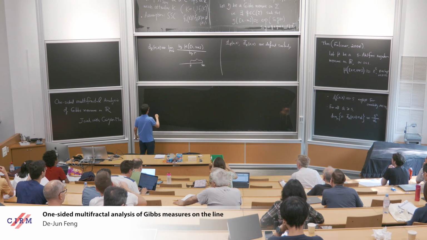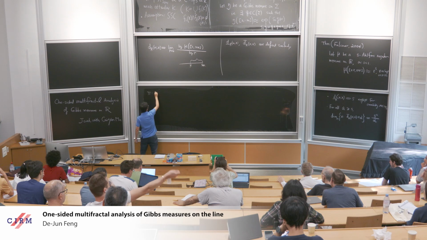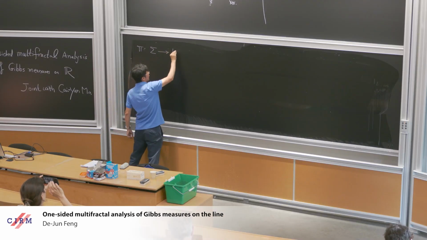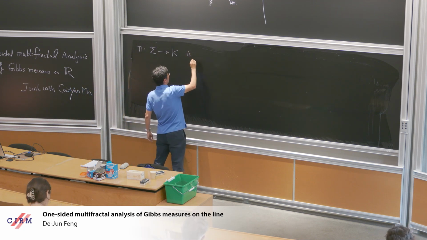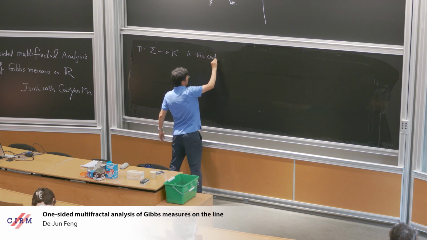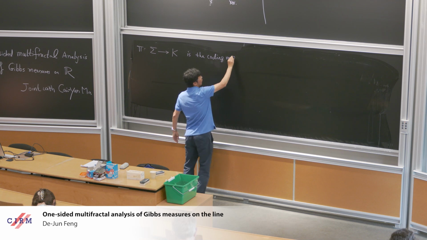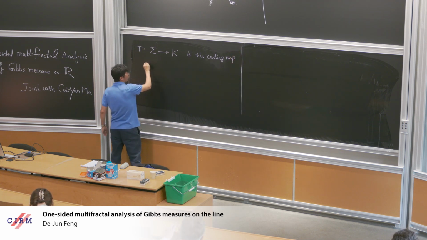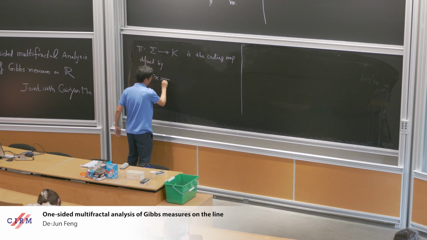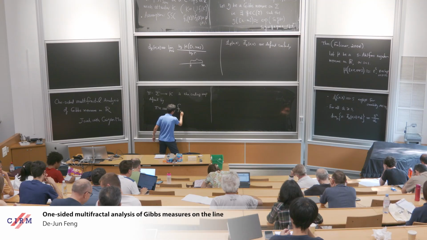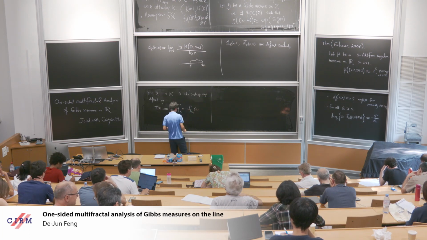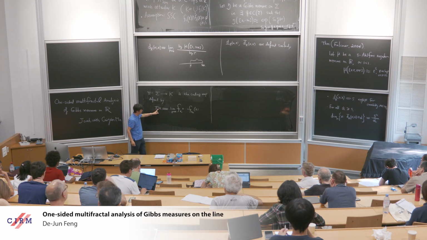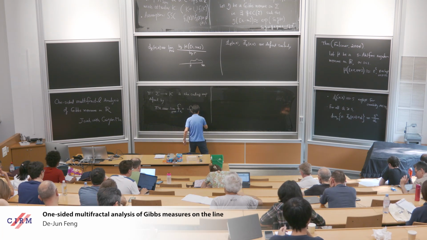So we know that pi denotes the coding map from the symbolic space to the self-conformal set K, defined by pi(x) equal to the limit of f_{x1} composed up to f_{xn} at 0, where n tends to infinity, for any given point x on the symbolic space.